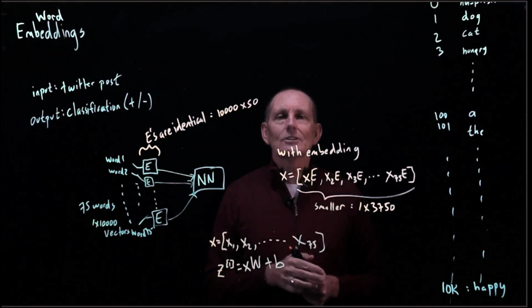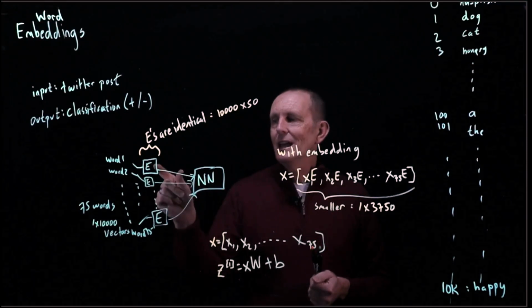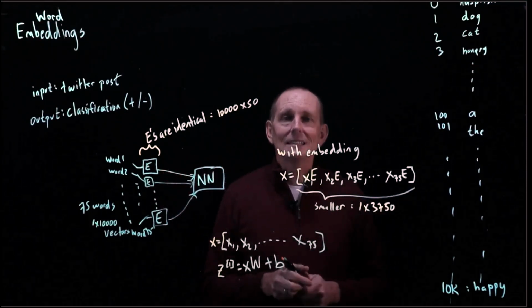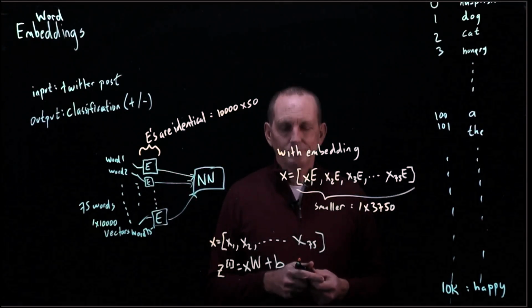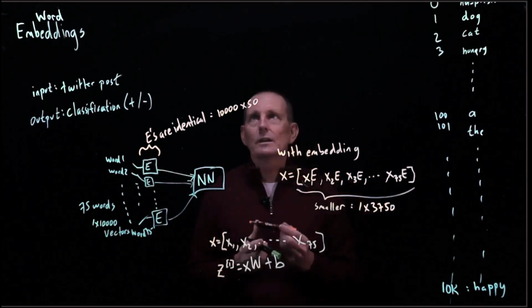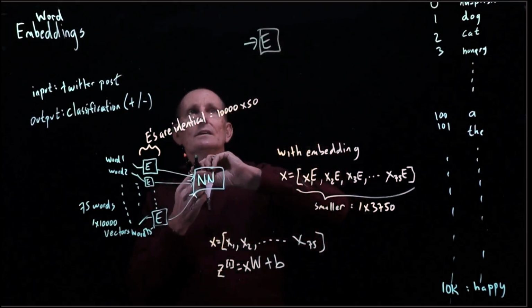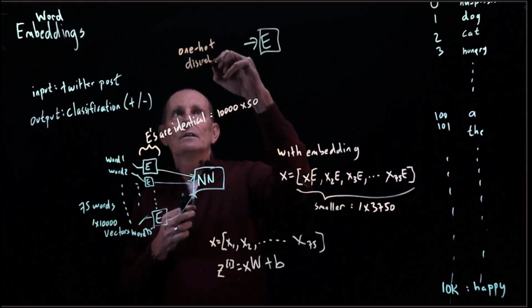We're basically doing this conversion from a one-hot encoded word to a vector that represents that word in a continuous hyperspace. So when we go through the embedding, what comes in is one-hot, and so this is discrete.